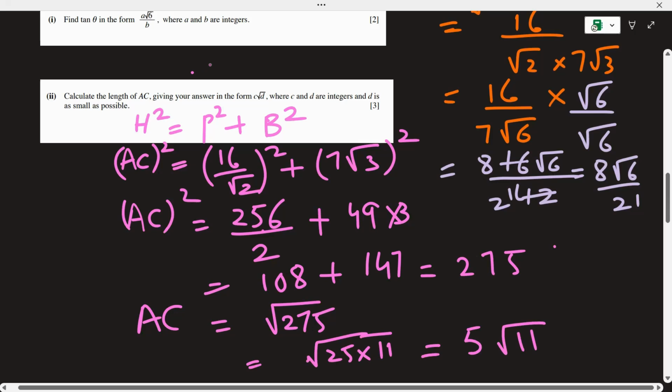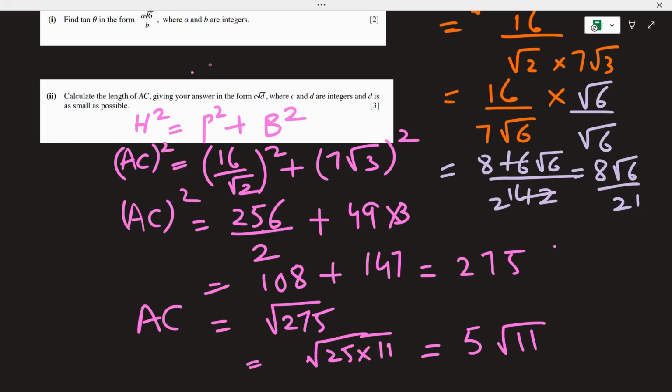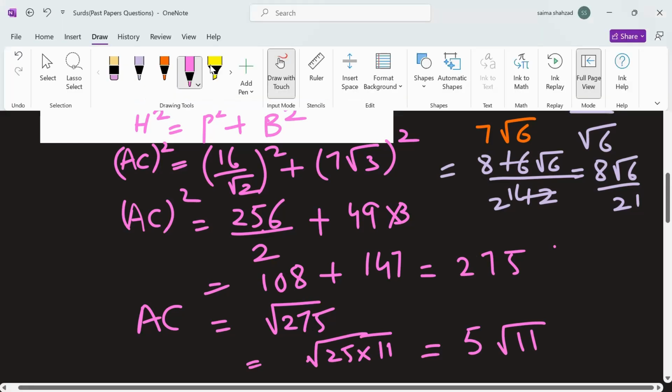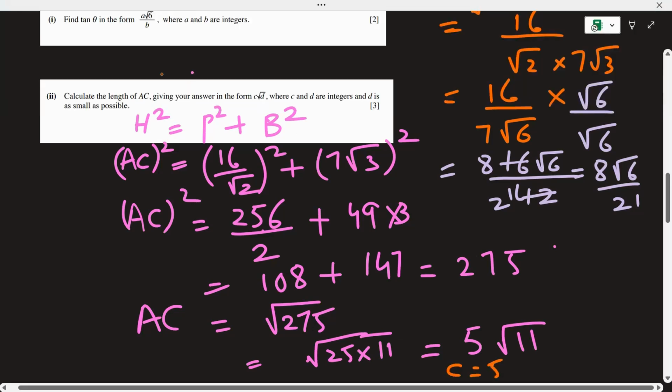So the final answer is 5 under root 11. So here the value of c is 5, and the value of d is 11.